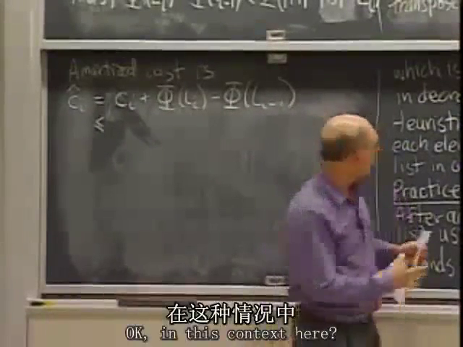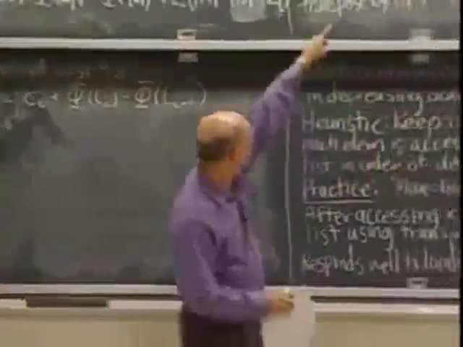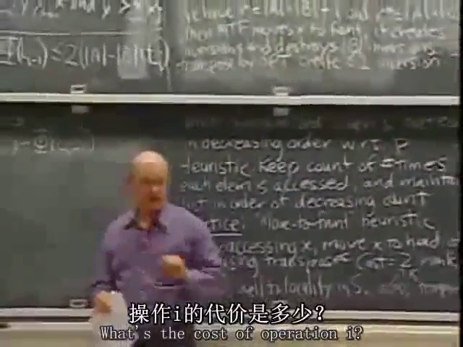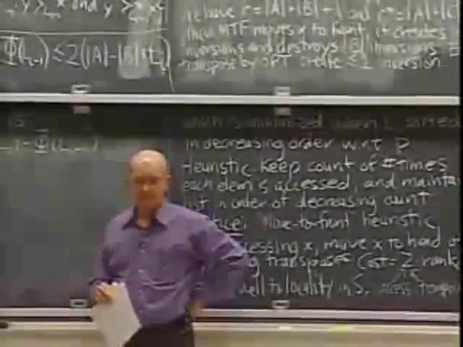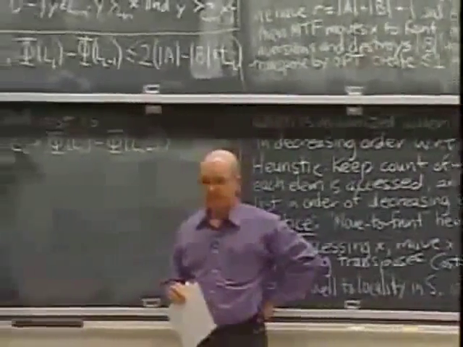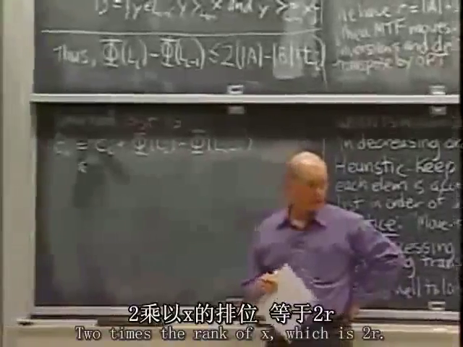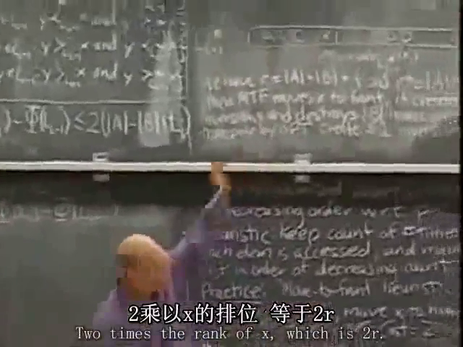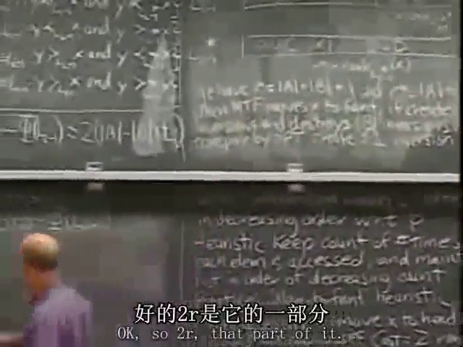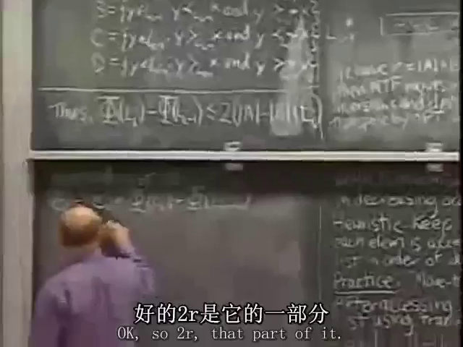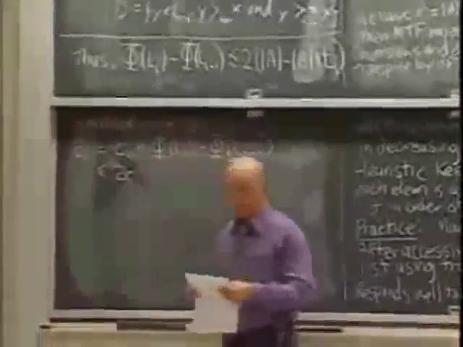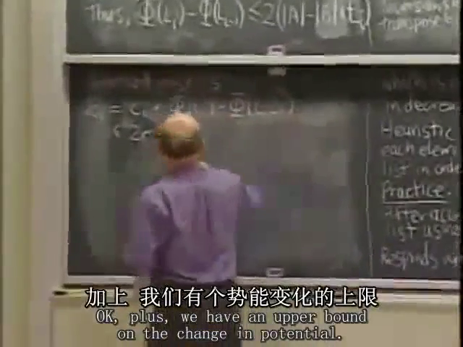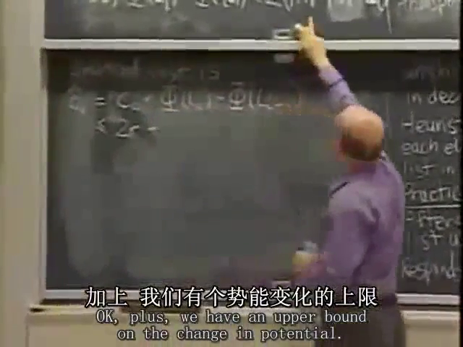Okay, in this context here, we accessed x there. What's the cost of operation i? 2 times the rank of x, which is 2r. So 2r for that part of it, plus, well, we have an upper bound on the change in potential.